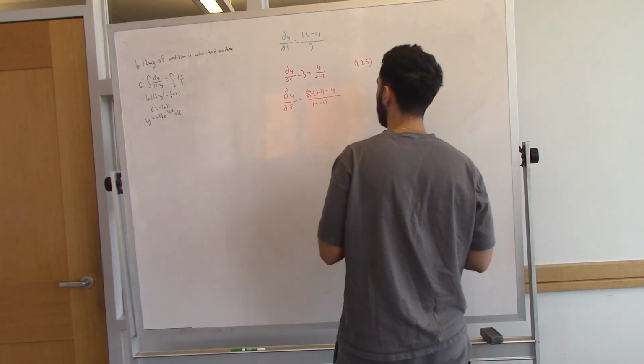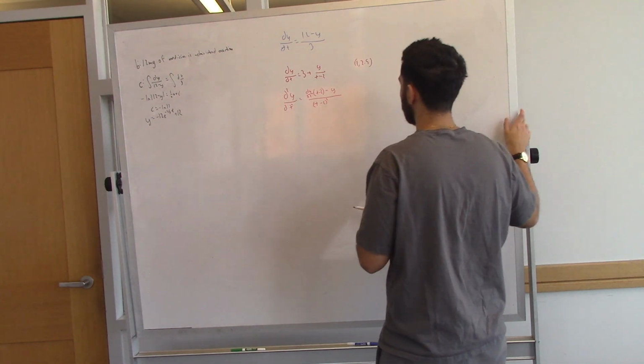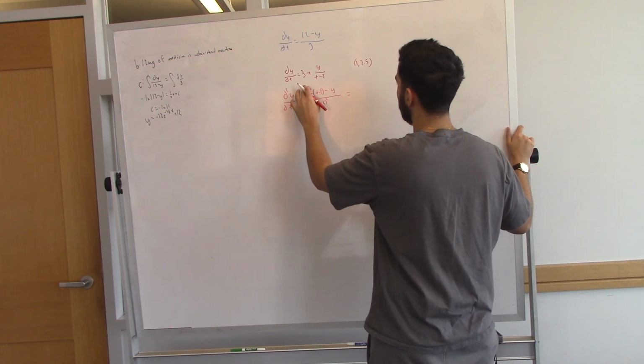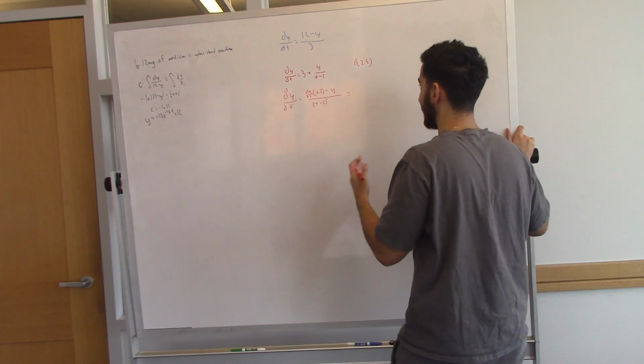Now we just have to plug in these values. So we're going to have dy dt at this is 3 plus 2 halves over 1 minus 2. 1 minus 2 is going to be negative 1.